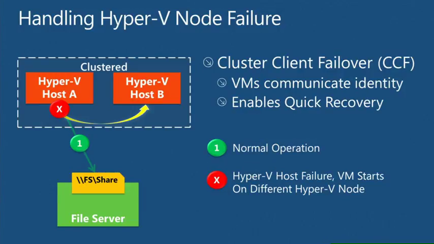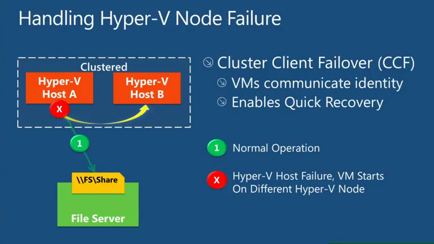It allows Hyper-V as an application to communicate out to the file share, saying that I'm a particular instance, in this case a VM, and through the VM GUID, this is a particular instance of an open. And even when I fail over, I'm going to use the same VM GUID, and I'm going to try to open that particular file again.